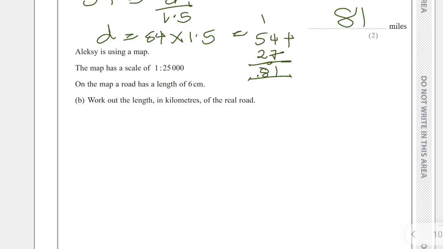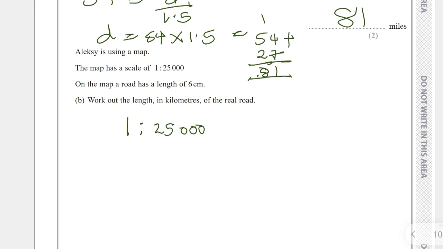Alexei is using a map. The map has a scale of 1 to 25,000. On the map, a road has a length of 6 centimeters. Work out the length in kilometers of the real road. So first, 1 to 25,000 is a scale factor.